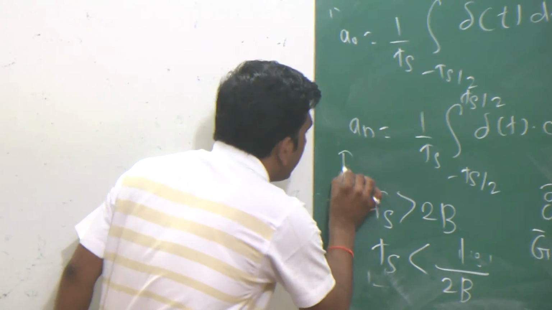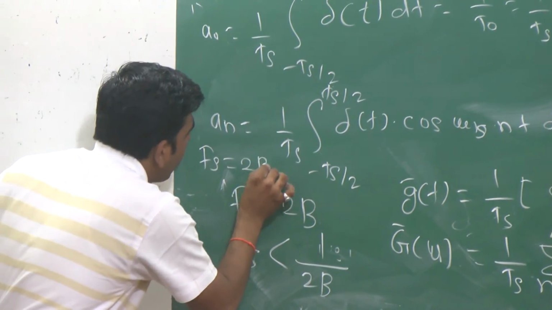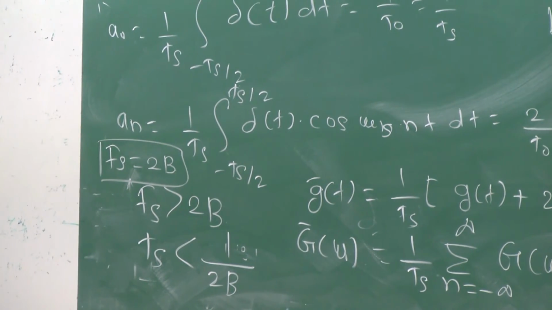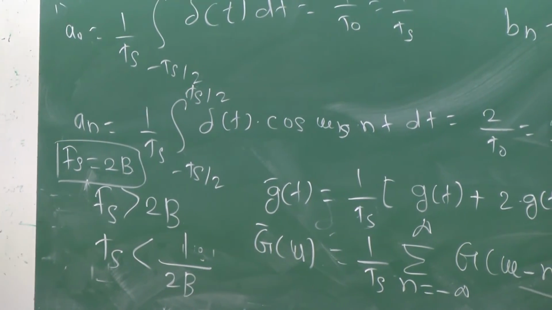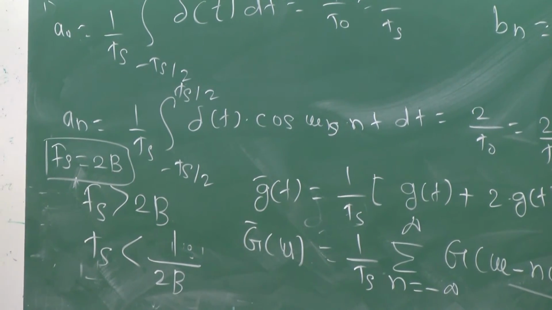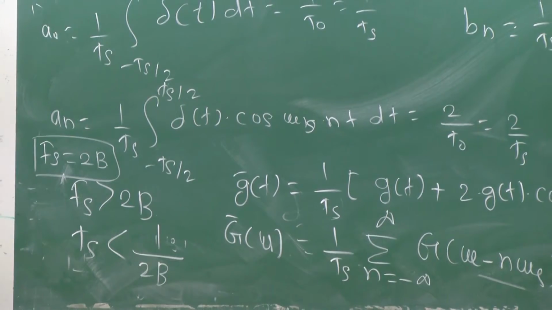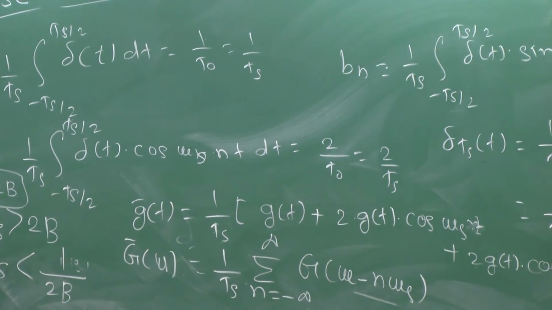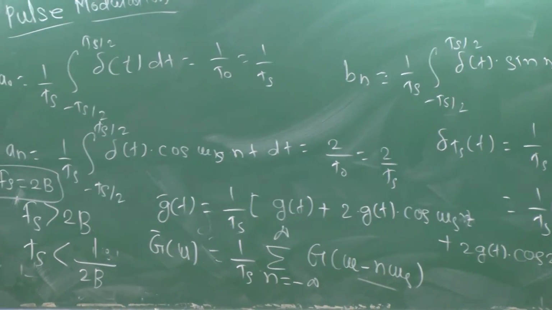The minimum sampling rate fs is equal to 2B required to recover g of t from its samples, g of t bar, is called the Nyquist rate for g of t.